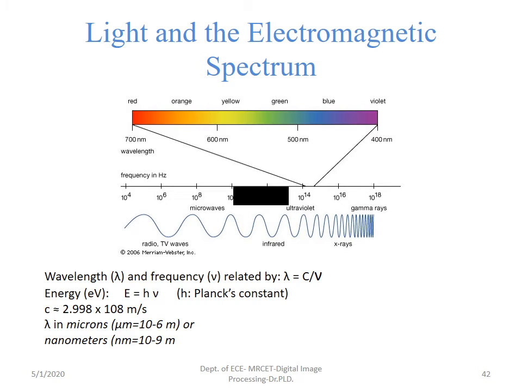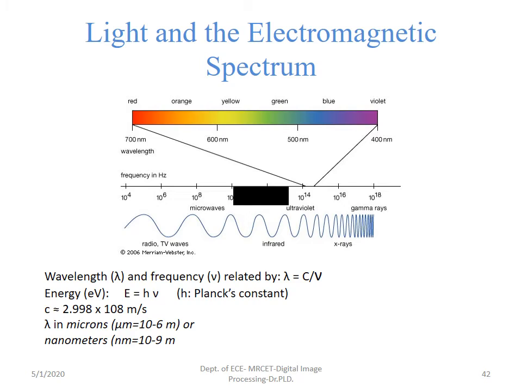With increasing frequency, the time period decreases, which we can observe with this wave representation. How are wavelength and frequency related? Lambda equals c by f, or otherwise c equals f lambda. Here f is represented as nu.